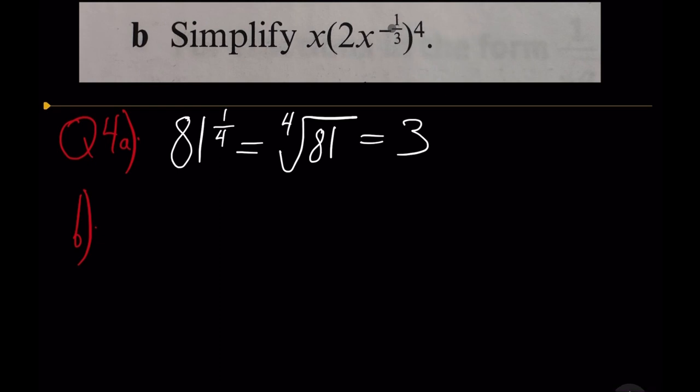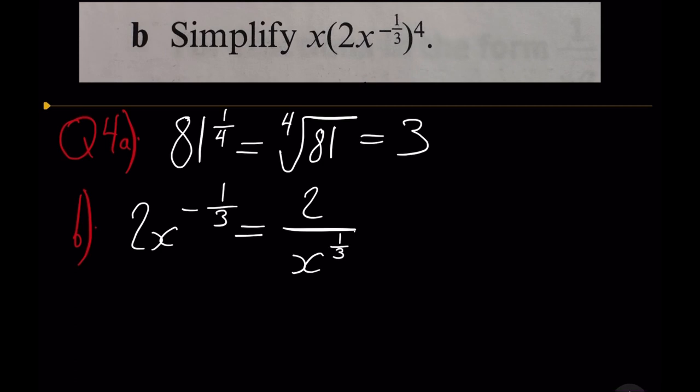So what I would do is deal with the expression surrounded by the brackets first. So I'd deal with 2x raised to the power 1/3 first, and that gives us 2/x raised to the power 1/3. And now we can deal with this fourth power there.